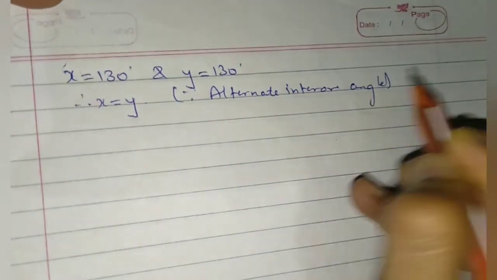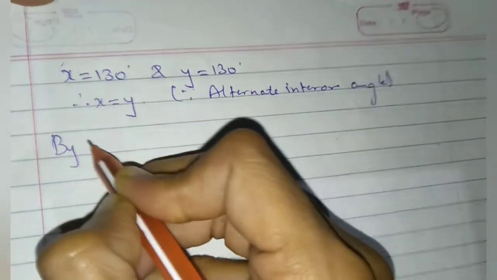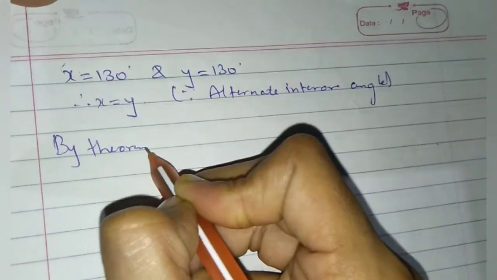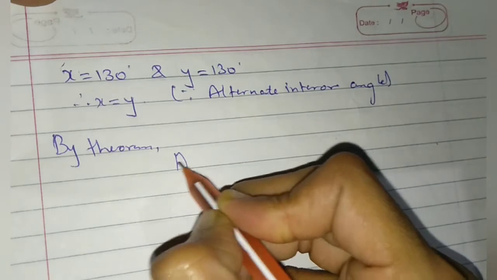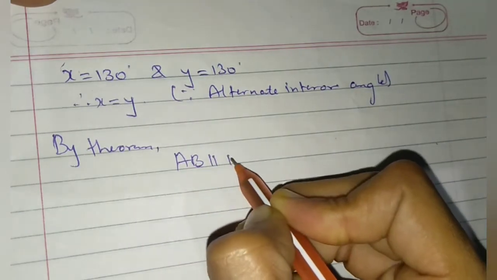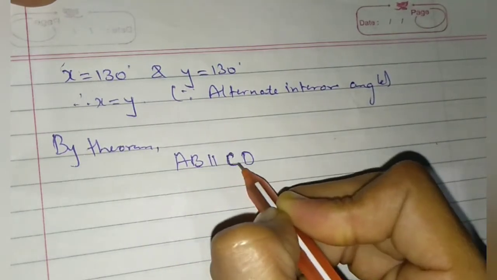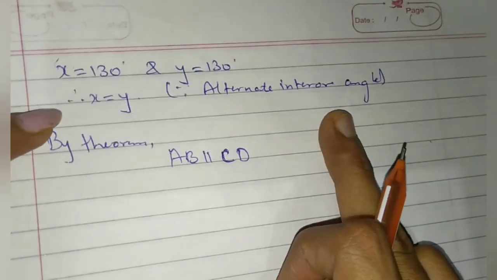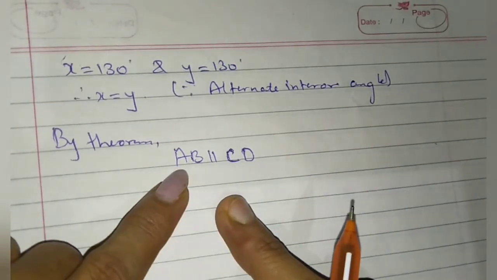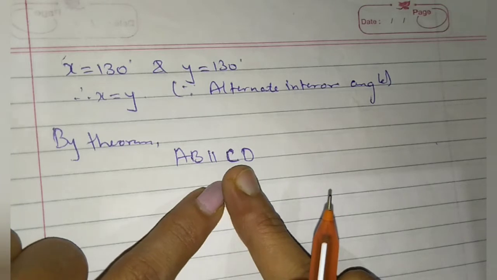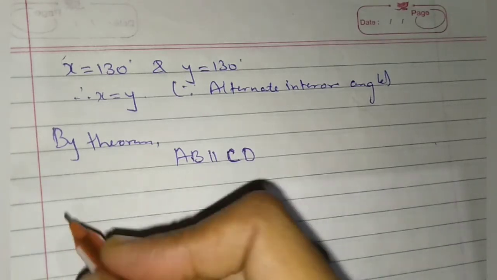Now by the theorem, AB is parallel to CD, right? If the alternate interior angles are the same, then AB is parallel to CD. Hence proved.